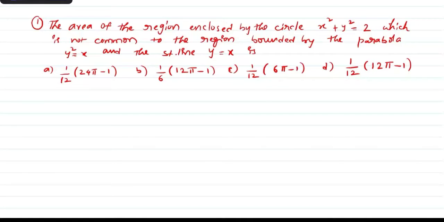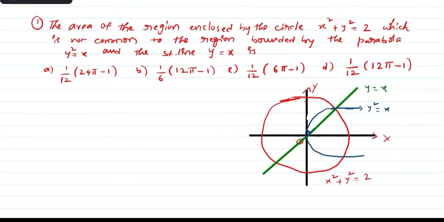Students, if you read the question carefully, he has given one circle, a parabola and finally a straight line. So we have to find the area of the region bounded by the circle first of all, but from that area we have to subtract the area bounded by the parabola and the straight line.